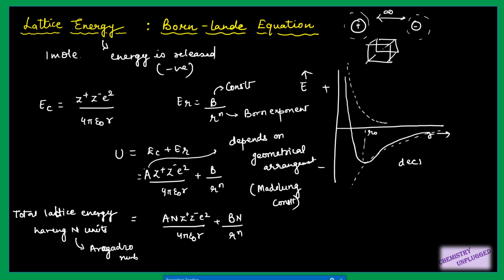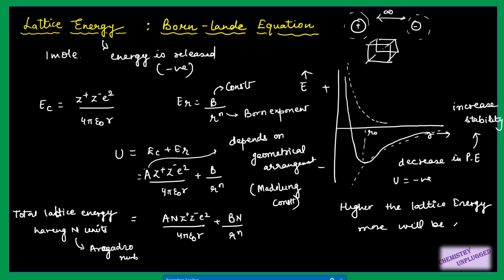If this potential energy is decreasing, it means lattice energy obviously will be negative, and this decrease will increase the stability of the system, right? So you can predict one thing very easily, that if a system has highly negative lattice energy, it will be more stable. So higher the lattice energy, more will be the stability.